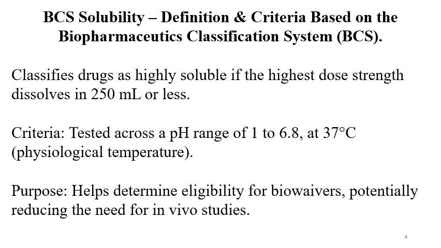The criteria is tested across pH range of 1 to 6.8 and 37 degrees Celsius as physiological temperature. So BCS solubility is done in 250 ml media with pH range of 1 to 6.8. Sometimes you can use different pH, like above 6.8, 7.5, 7.8 or 8 pH also.